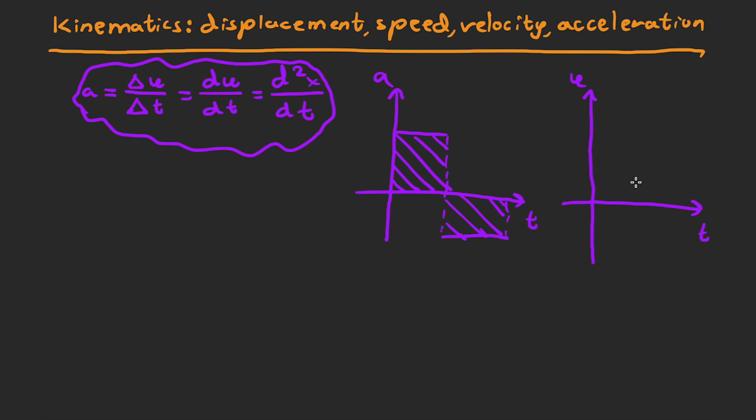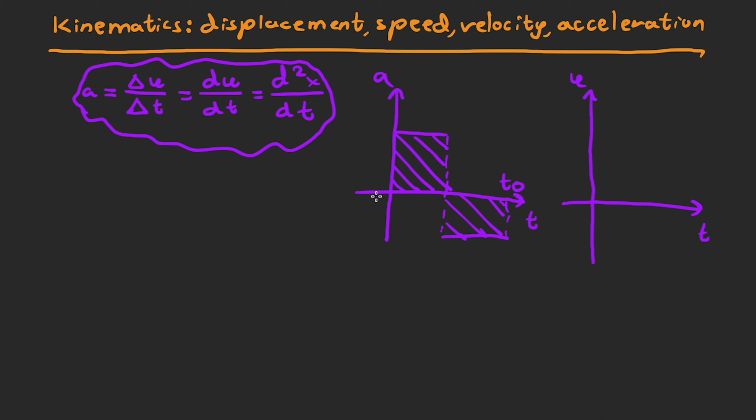And for some diabolical mathematical reason, the calculation of area up to a certain point gives us the graph of velocity up to the same point.